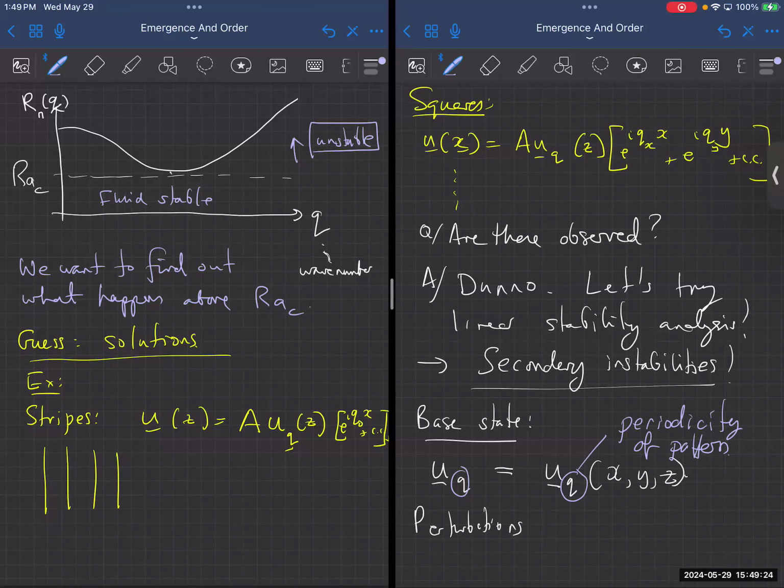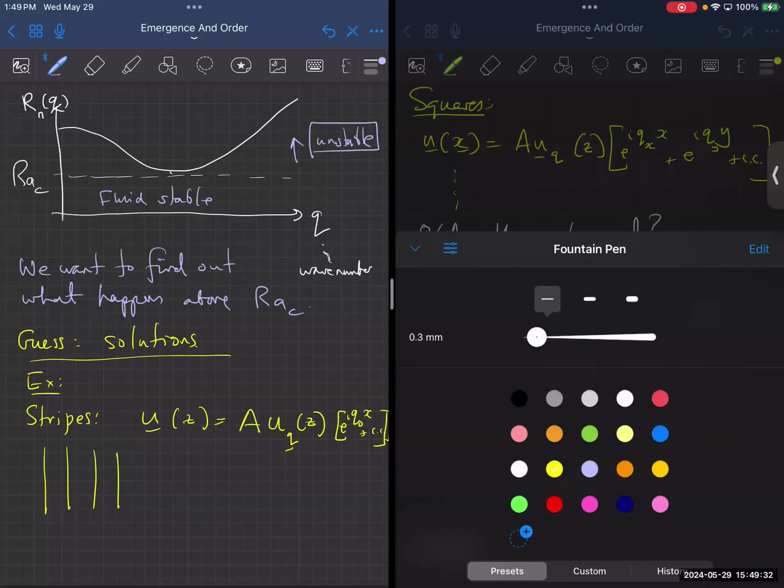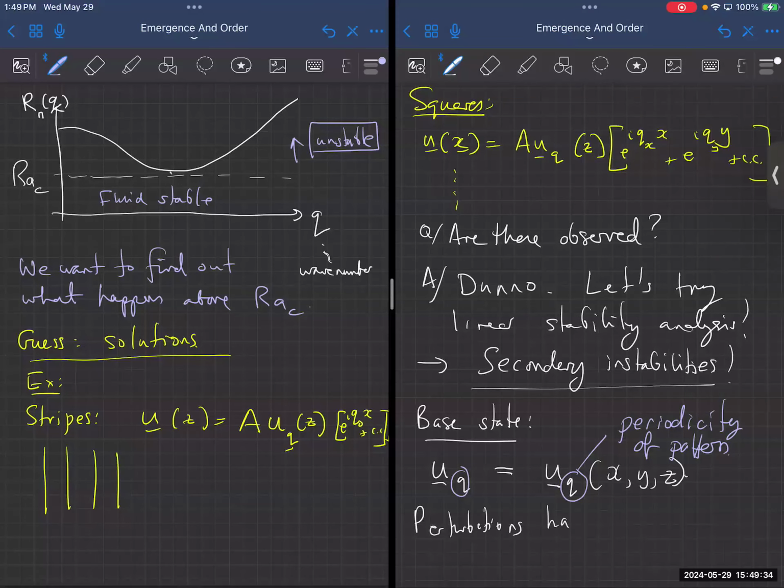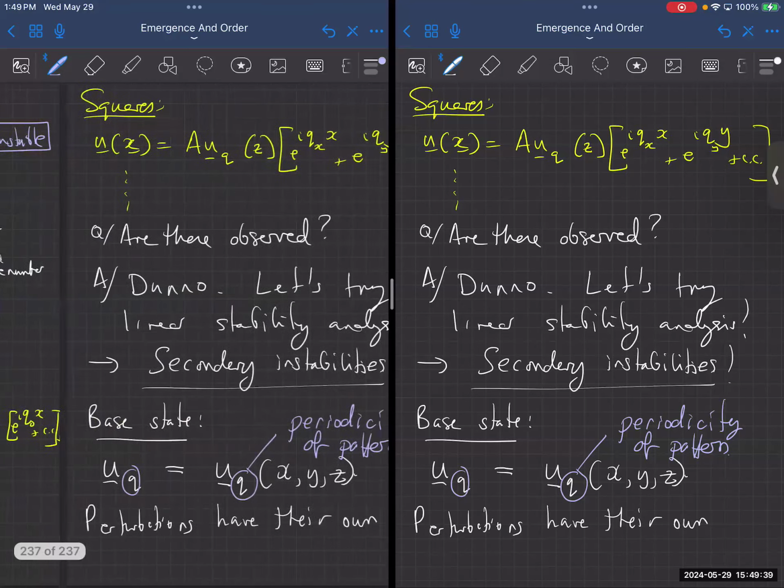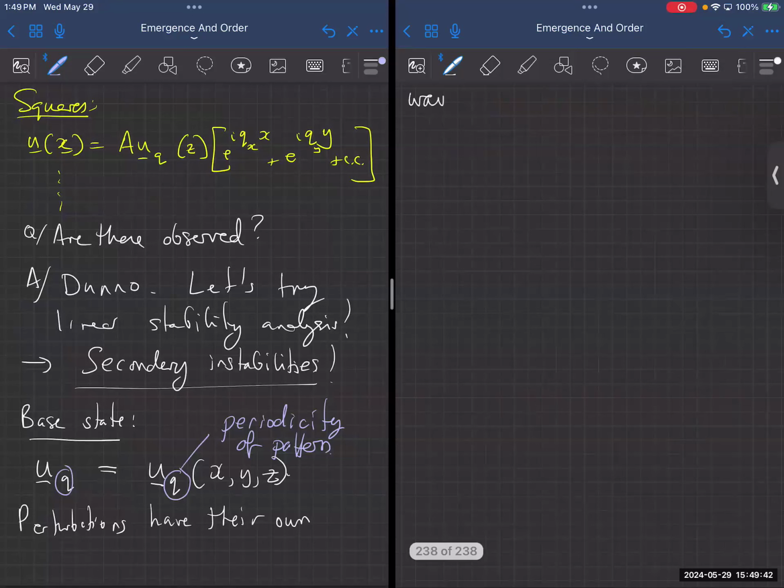So now, if you're going to write down perturbations, what are they going to look like? Well, they're going to have their own wave number. And I'm going to call that wave number Q. So it's not the same as k, and it's not the same as little q, that is the periodicity of the pattern. This is the periodicity of the instability about the pattern state.